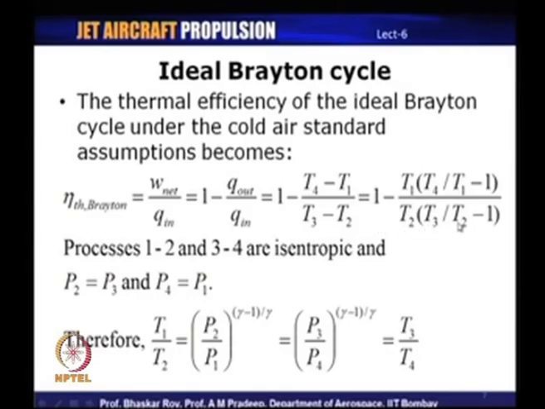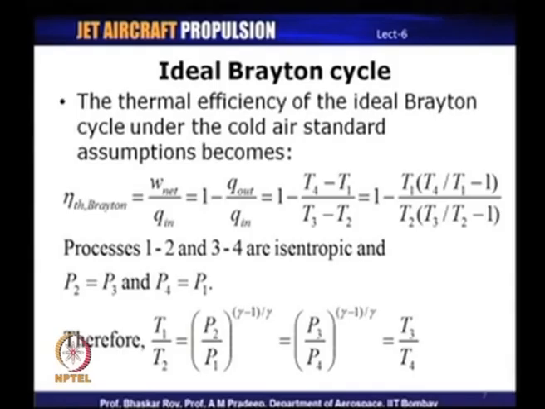Now, processes 1-2 and 3-4 are isentropic. That is something we have already discussed, that the first, that is the compression process, and the expansion process are isentropic, and because they are isentropic, as well as the fact that the second process and the fourth process are constant pressure processes, where P 2 is equal to P 3 and P 4 is equal to P 1, we have T 1 by T 2 is equal to P 2 by P 1 raised to gamma minus 1 by gamma.